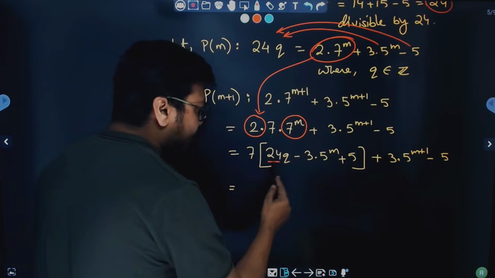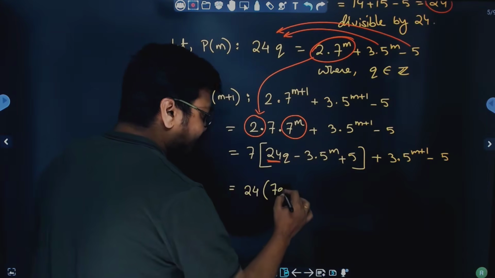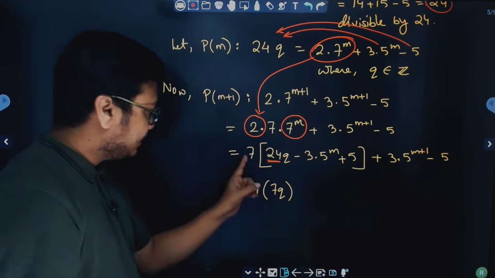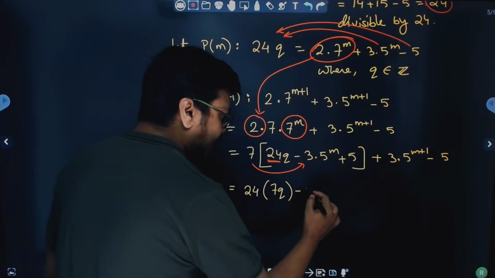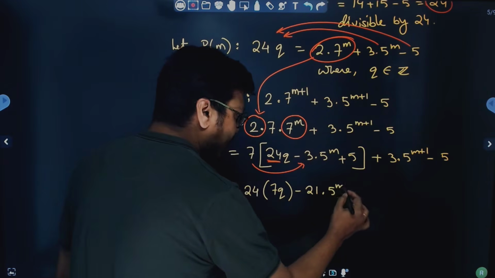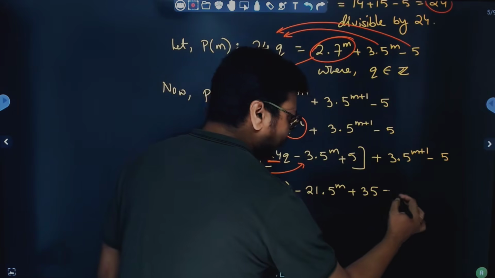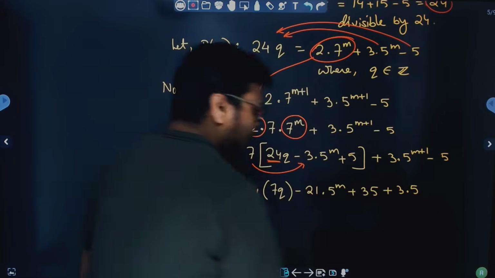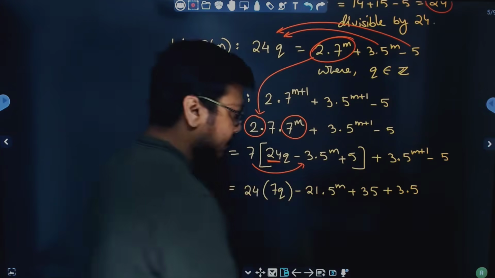I can see a 24 right over here. If I take that common, I should be having 7q. Then multiplying 7 with all the terms inside, minus 21 times 5 to the power m, 7 into 5 is plus 35. Then plus 3 into 5 to the power m plus 1; since I have a 5 to the power m here, I would like to break this down as well.